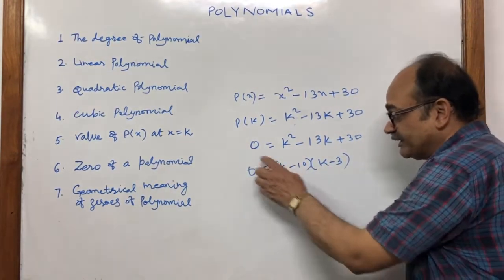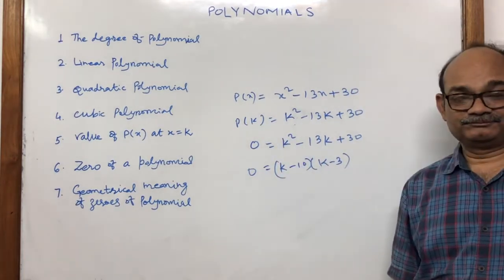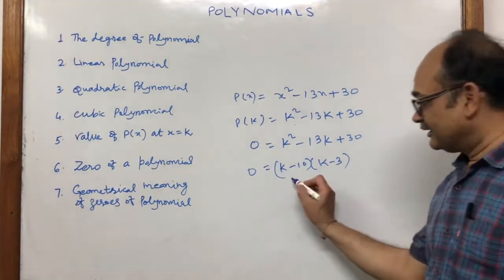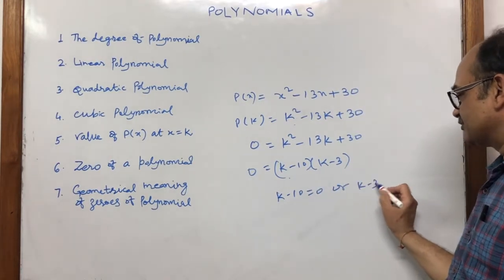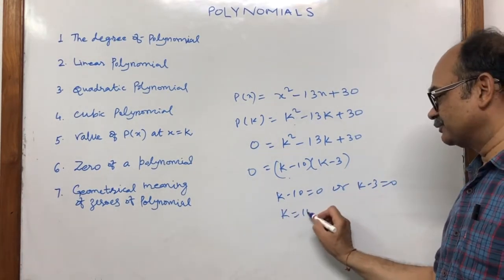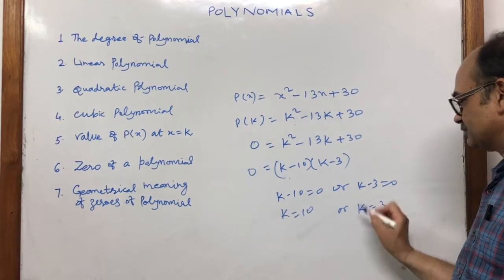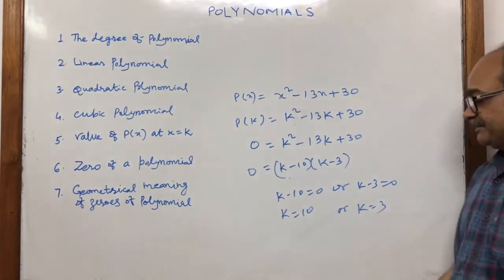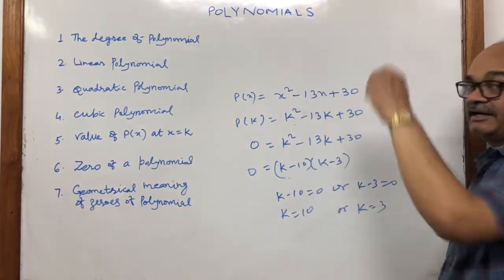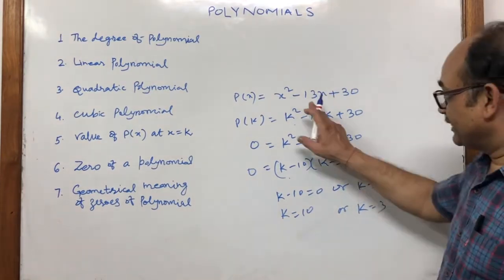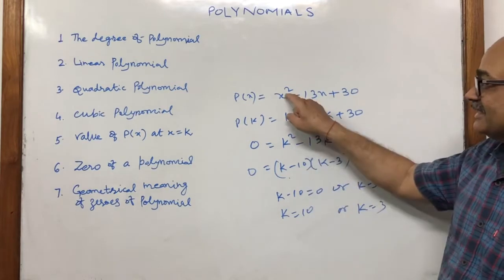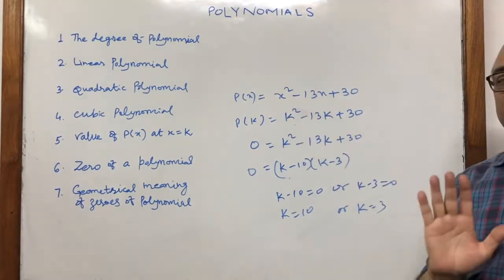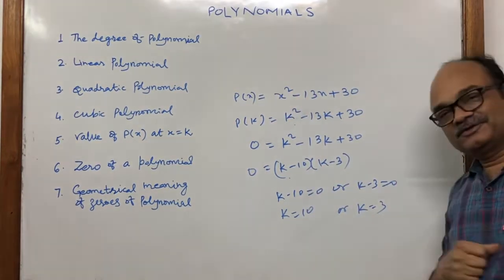The product of two factors equals 0 is possible only when either this one is 0 or this one is 0. Hence k equals 10 or k equals 3 is the answer. It means if I put 10 here, I will get 0; if I put 3 here, I will get 0. Not more than that. Why? Because the highest degree is 2, so at most 2 zeros we have. Yes, these are the 2 zeros.